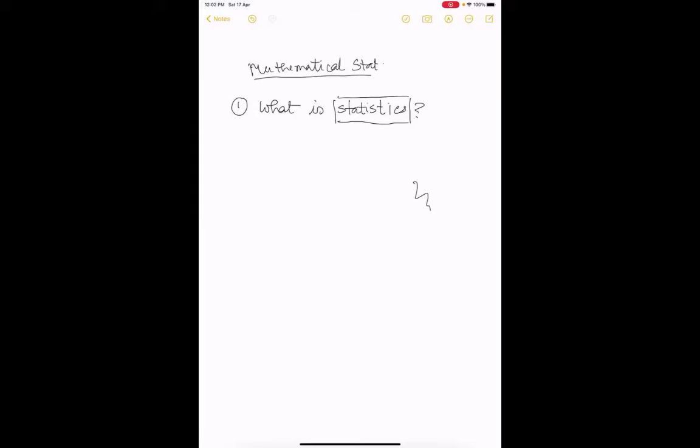If we have a bunch of IIDs, then we can consider the sum of those, like x1 plus x2 plus x3 plus dot dot dot xn. That will be a statistic. Correct.